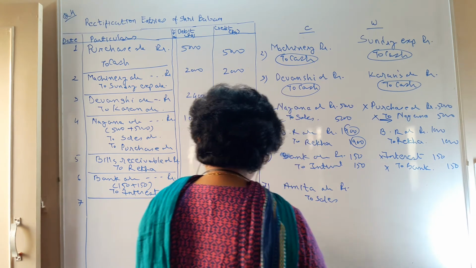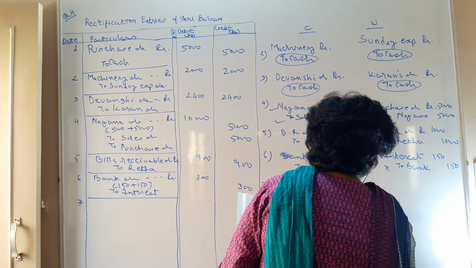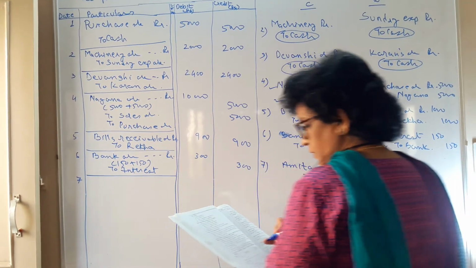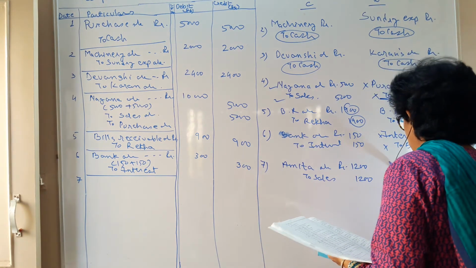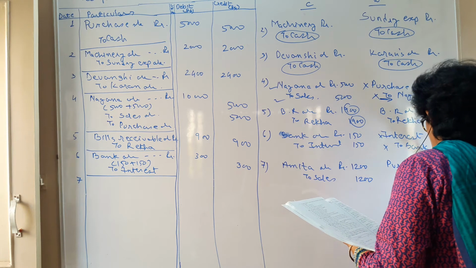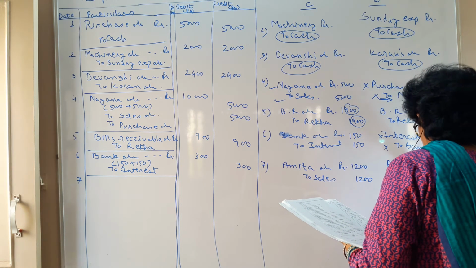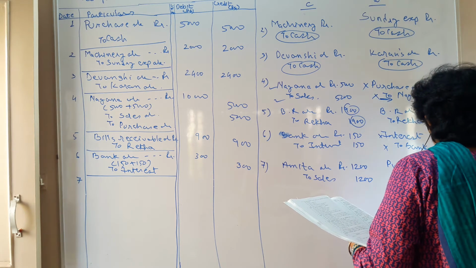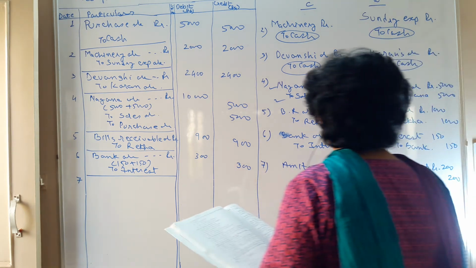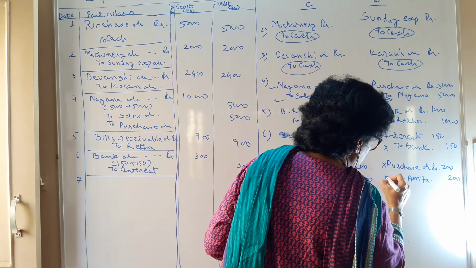The correct figure of the transaction is 1200. And what have you done? You have recorded in the purchase book. So purchase account debit to Amita with 200 only. Okay. So here the 1200, and here you have made the mistake with only 200.